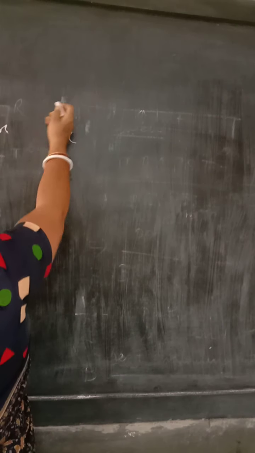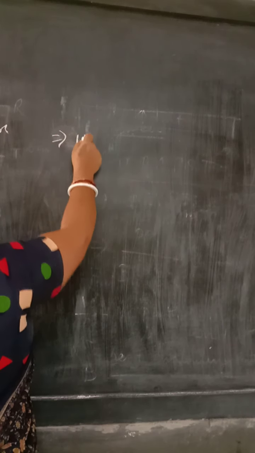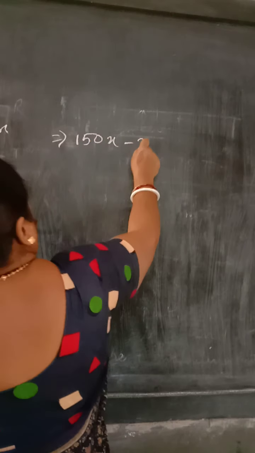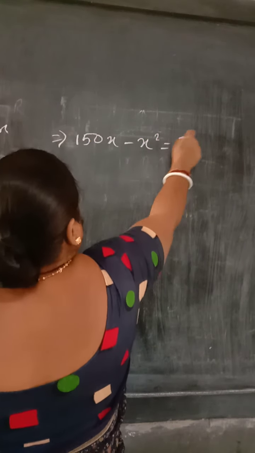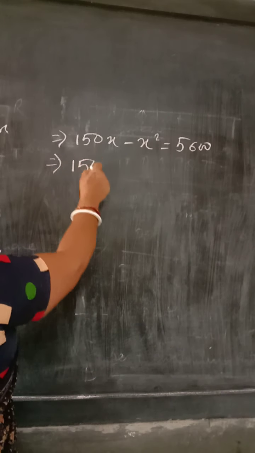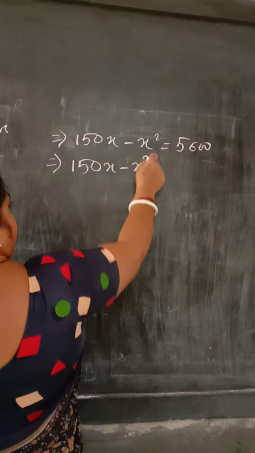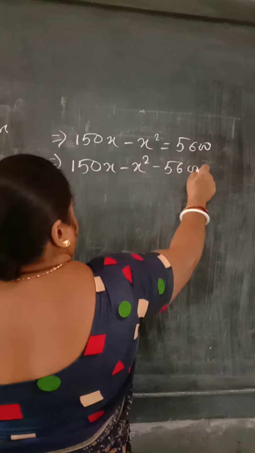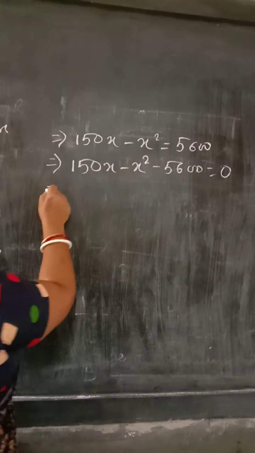Now we have to solve this equation. To get it, x into 150 gives you 150x minus x square is equal to 5600. Now I will bring 5600 to the left side, then the right side is 0.